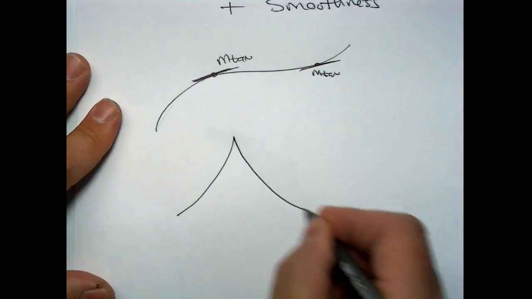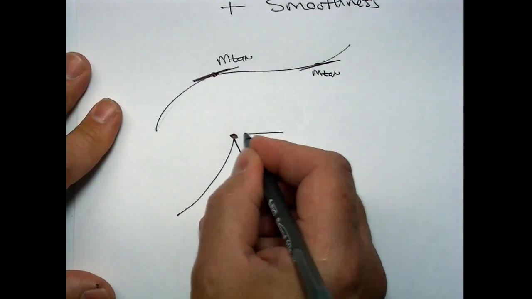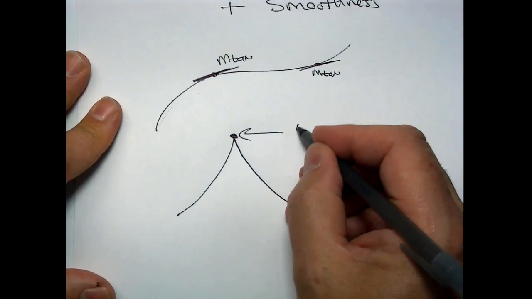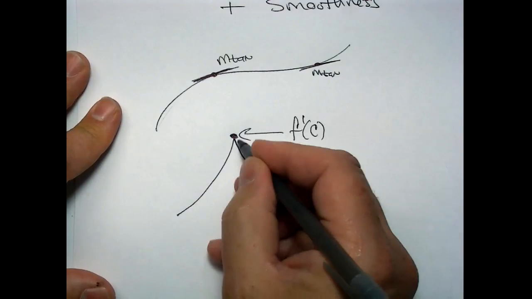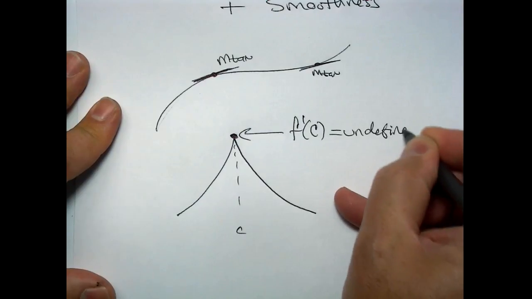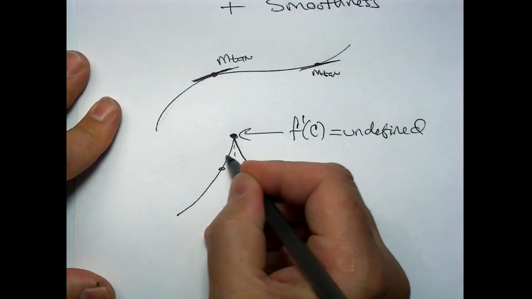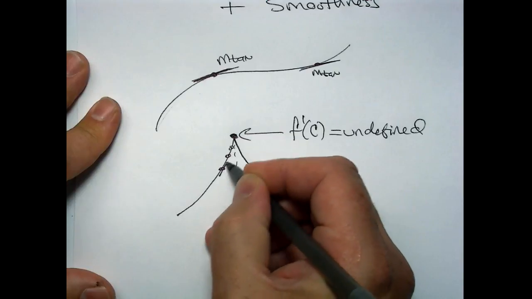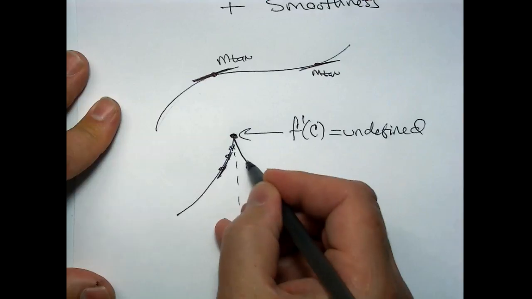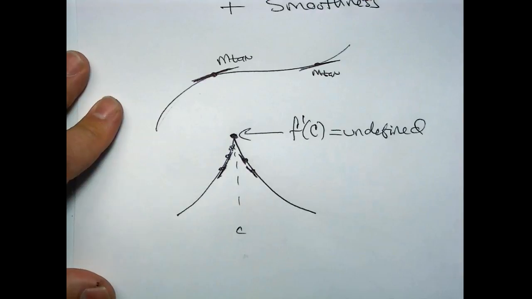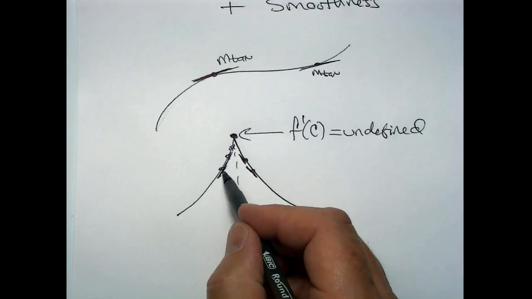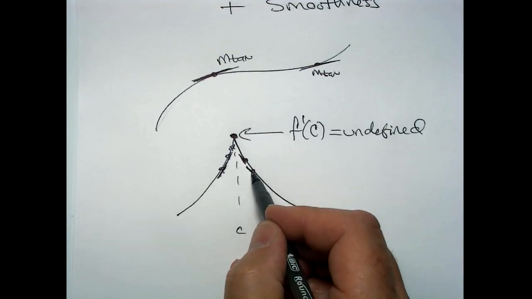So, sharp corner. Is the curve differentiable at that sharp corner? No. f prime at c is undefined. The reason is, take a look at these slopes. I'm drawing little tangent lines as I'm getting closer and closer. And what's happening is these are all positively sloped tangent lines, and these are all negatively sloped tangent lines.